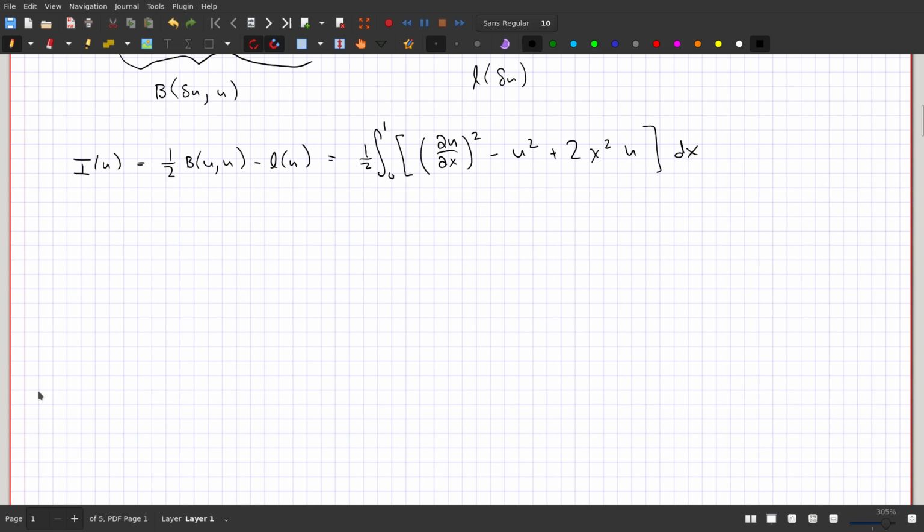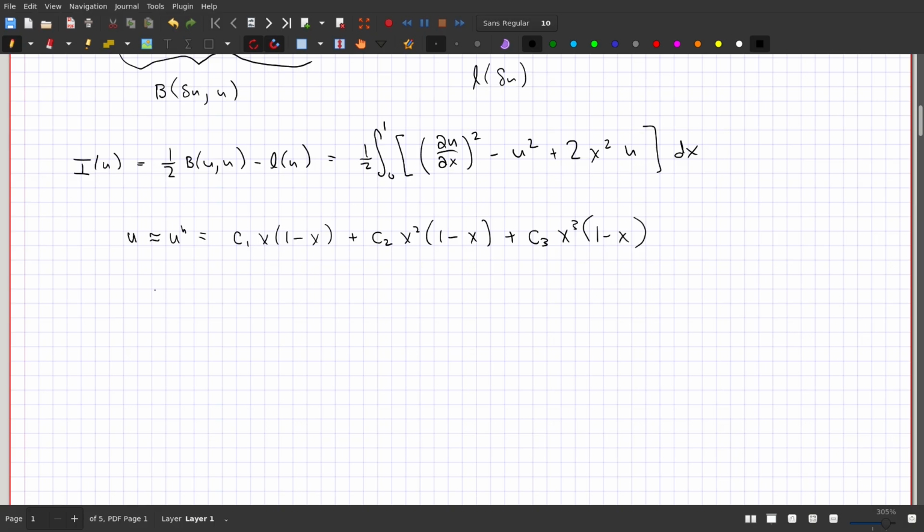And so what we're going to do is assume that u is approximated by u_h, which is equal to, now here's where I'm going to put in my coefficients, c1 x(1 minus x), plus c2 x squared (1 minus x), plus c3 x cubed (1 minus x).